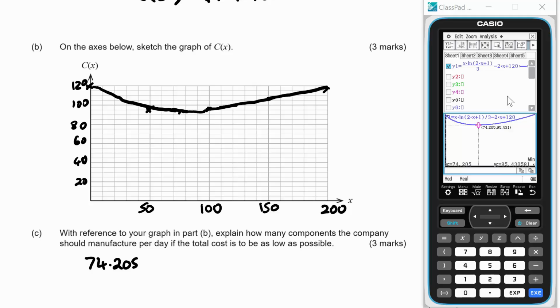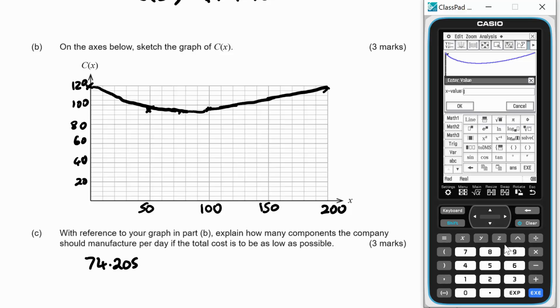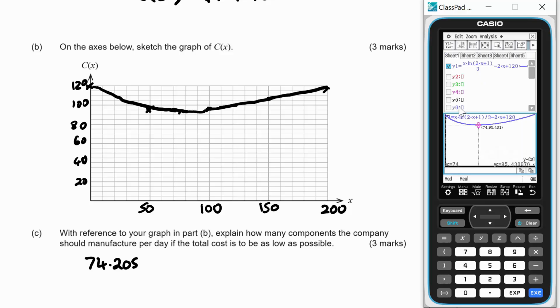And so it's either going to be 74 or 75. So if we do a Y calc, given that X is 74, then that is 95.43.